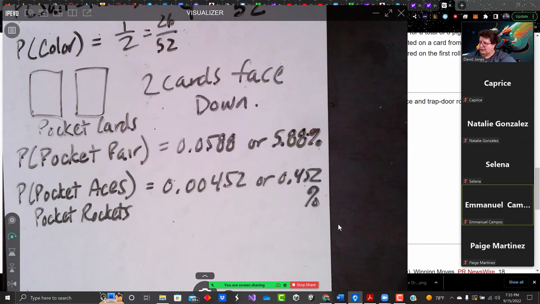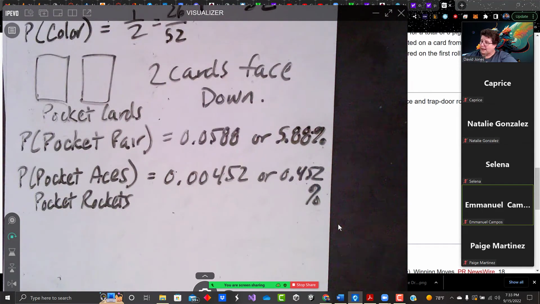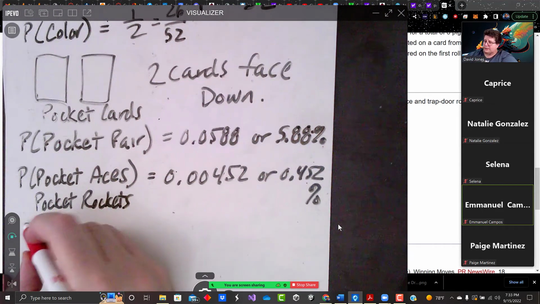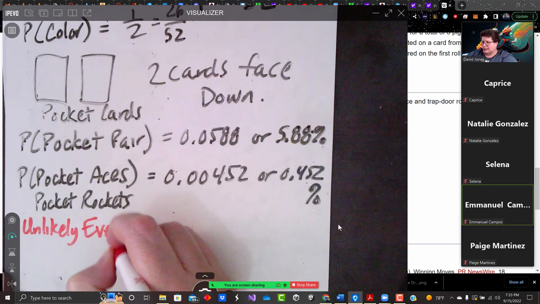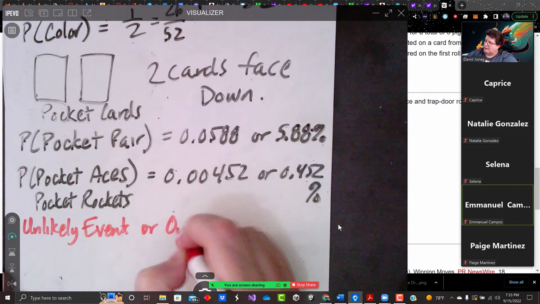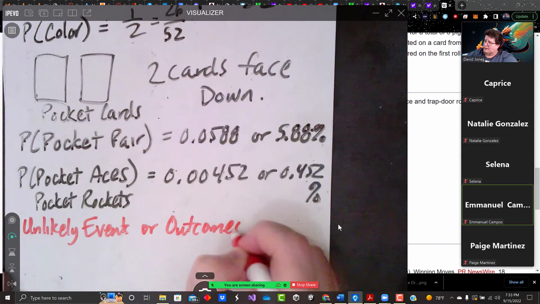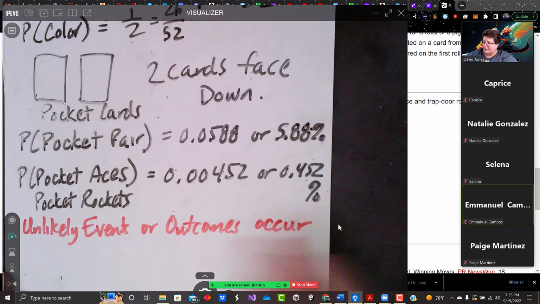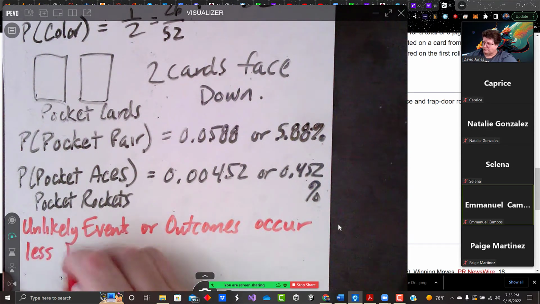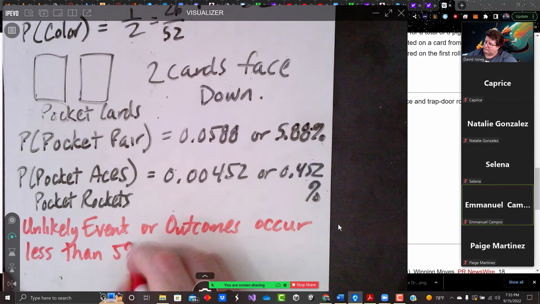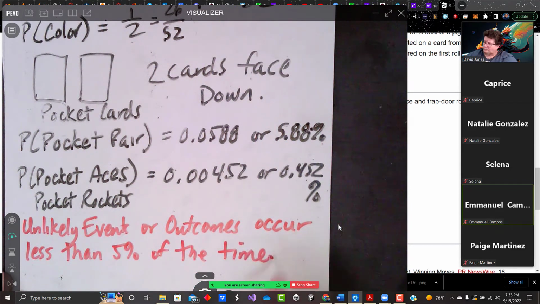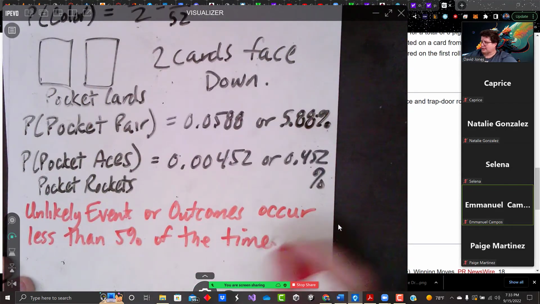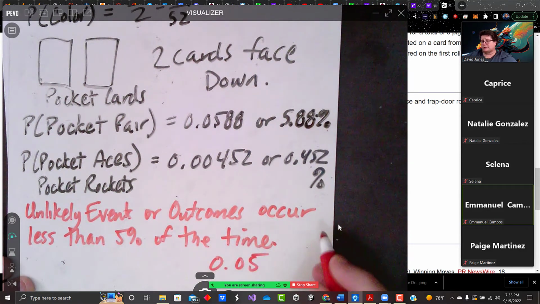So when they ask you if something is unlikely, unlikely events or outcomes occur less than 5% of the time, which is 0.05.